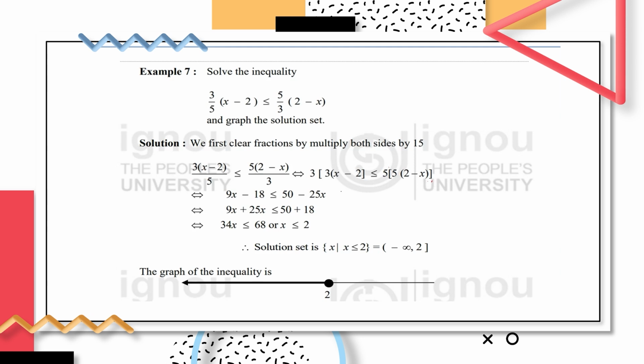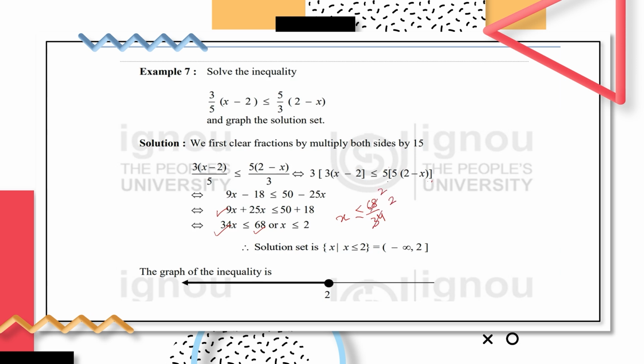minus 25x. Now, again rearranging the inequality in the manner which we discussed earlier, we get 9x plus 25x less than or equal to 50 plus 18, that is 34x less than or equal to 68. As a result x turns out to be 68 by 34, which is nothing but 2.